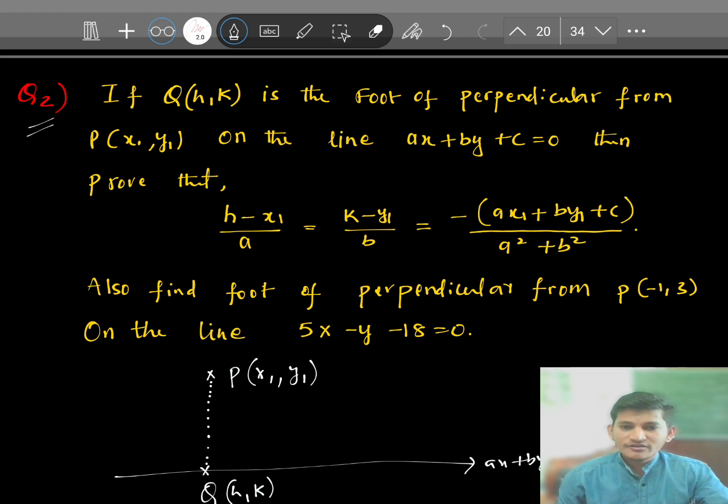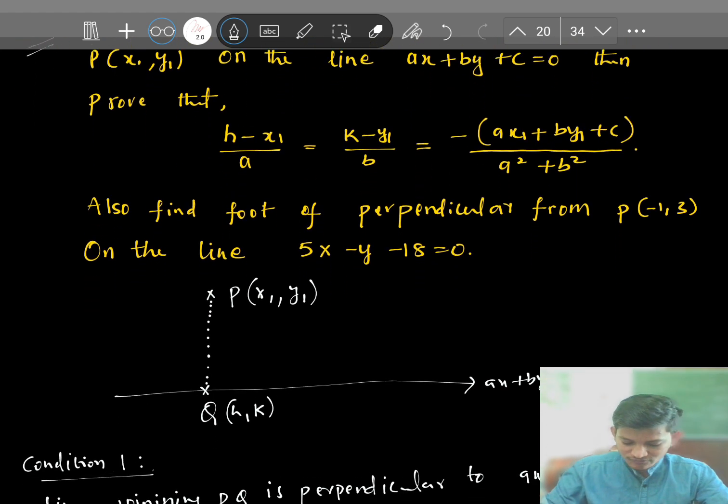Here is the second question, which says if Q of h comma k is the foot of perpendicular from point P of x1 comma y1 on the line ax plus by plus c equals 0, then we are supposed to prove that h minus x1 divided by a equals k minus y1 divided by b equals minus 1 into ax1 plus by1 plus c divided by a square plus b square.